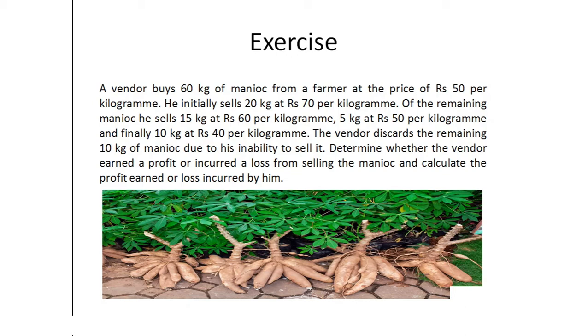Of the remaining manioc, he sells 15 kilograms at 60 rupees per kilogram, 5 kilograms at 50 rupees per kilogram, and finally 10 kilograms at 40 rupees per kilogram. The vendor discards the remaining 10 kilograms of manioc due to his inability to sell it. Determine whether the vendor earned a profit or incurred a loss from selling the manioc, and calculate the profit earned or loss incurred by him.